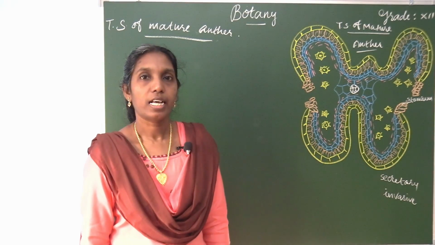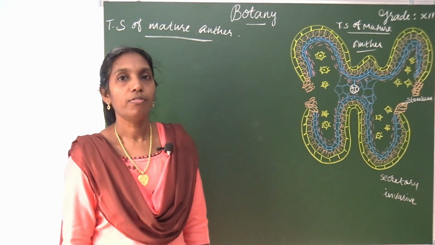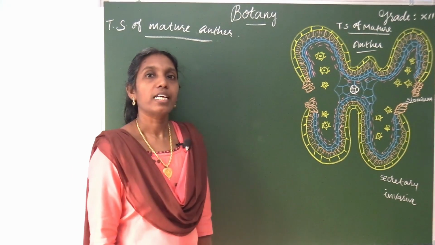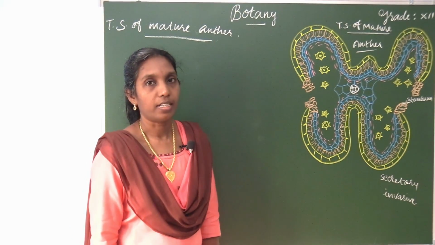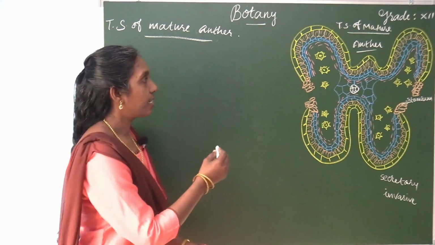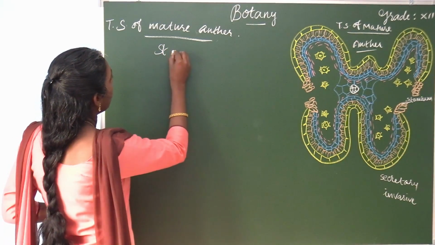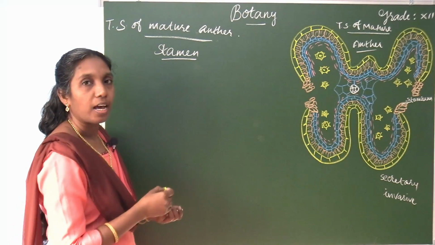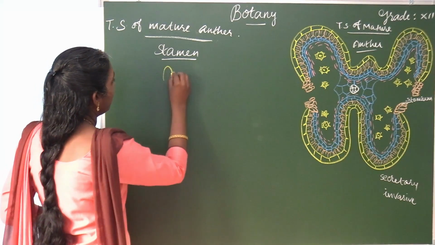Let's begin today's class with TS of mature anther. TS is the transverse section of anther. You know the structure of stamen: stamen possesses anther and filament.